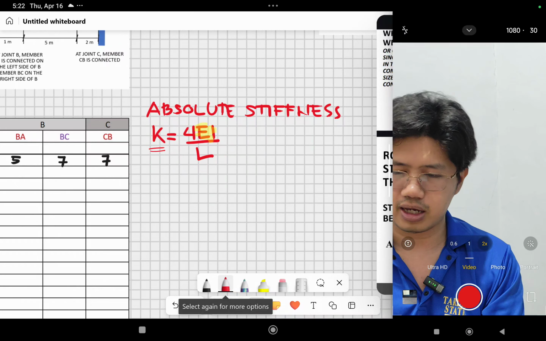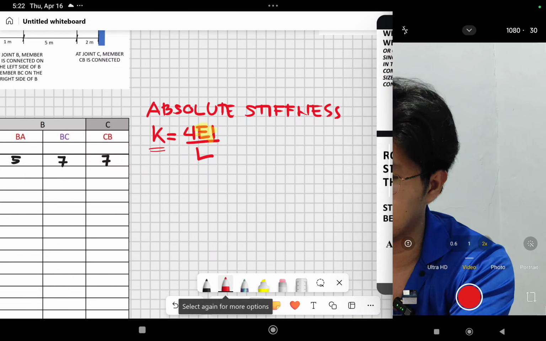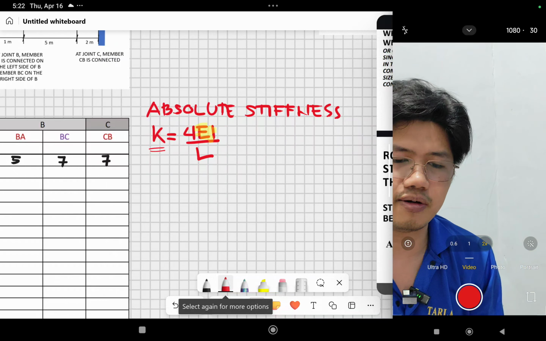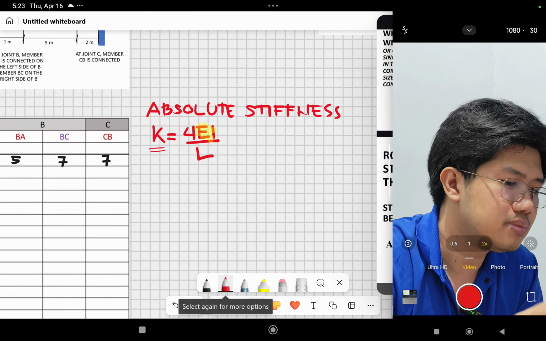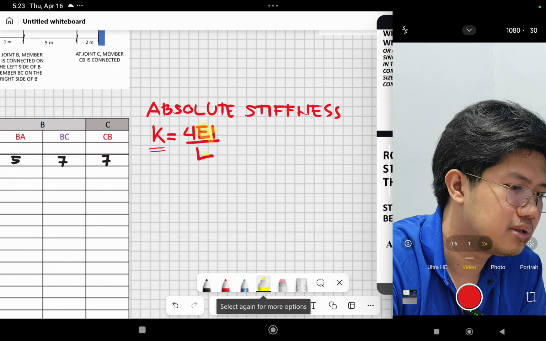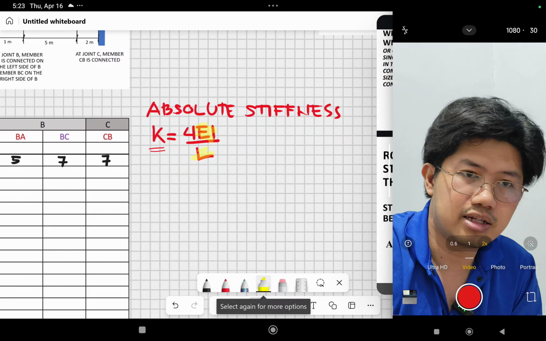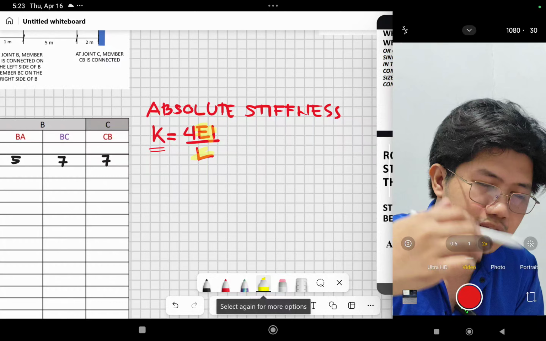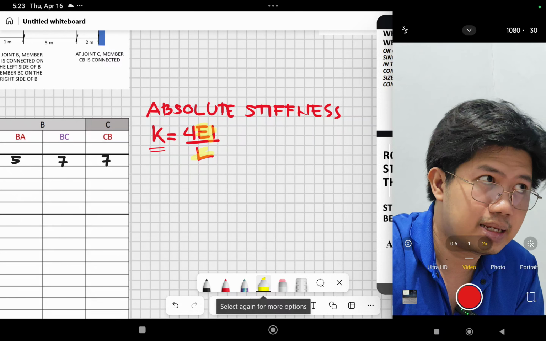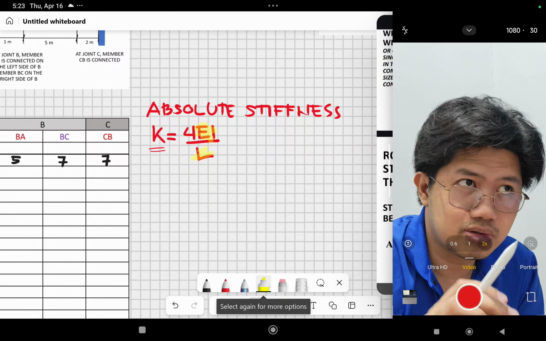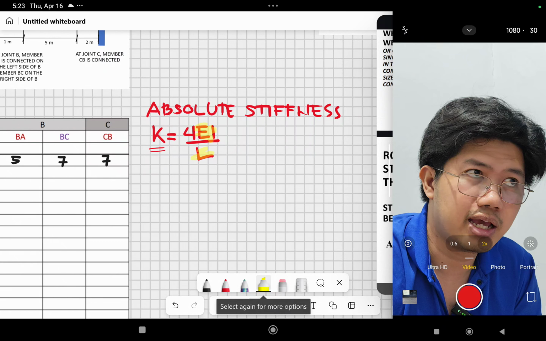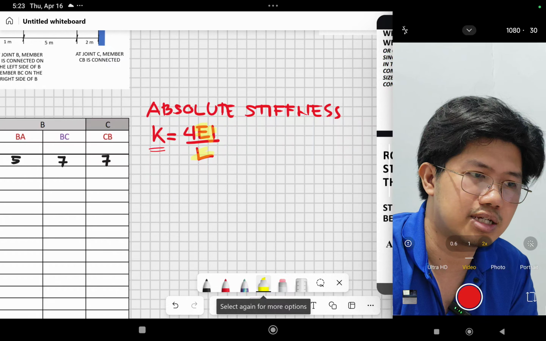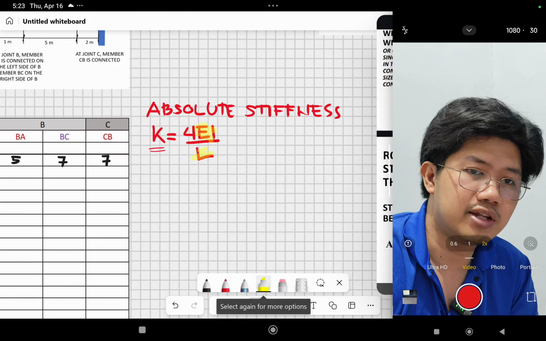And then as you can see on the denominator side, you have L, the length of the member. Meaning, as L increases, or the length increases, the stiffness goes down.